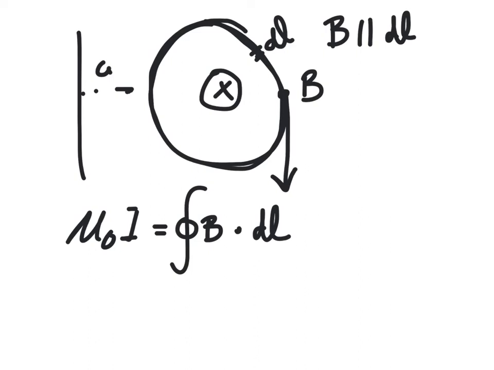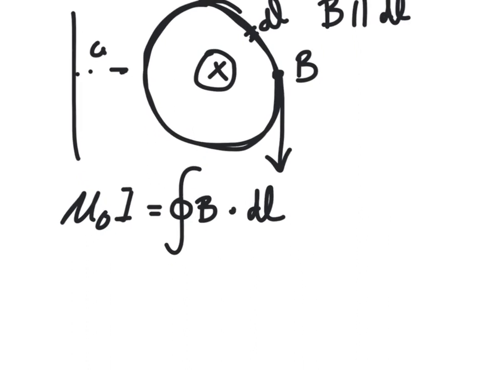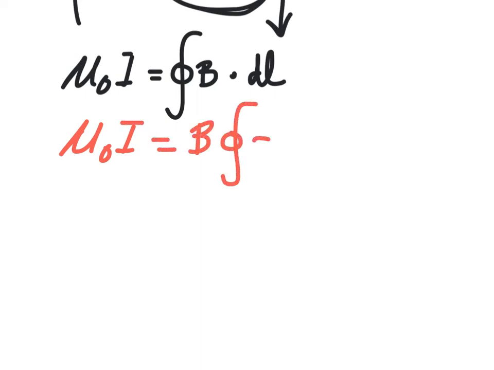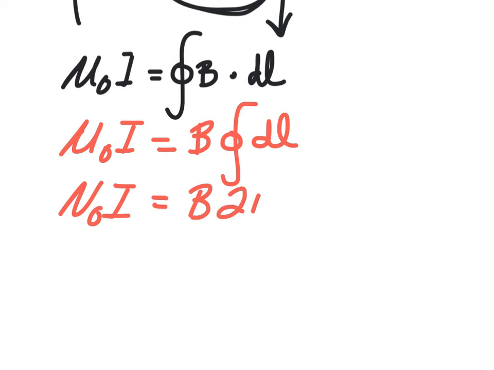Okay, so let's actually do the integration here, which is not that hard. A lot easier than what we were doing before. So we'll leave these two things here on the side. We're going to pull the B out of here. Now we know that once we've made our way all around the loop, we should have made the circumference of a circle. So the total path integral there is going to be equal to 2 pi r.